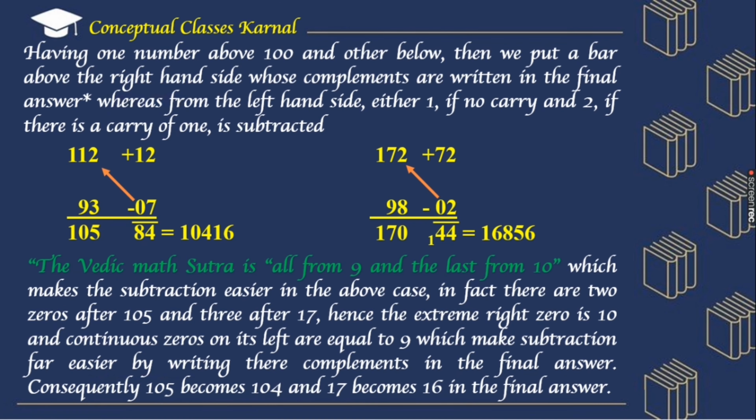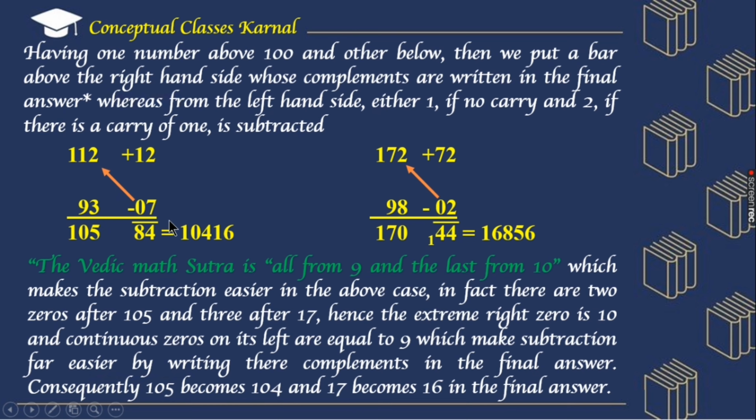So now we have the two numbers, one above 100 and the other below 100. Let's have this example, 112 multiplied by 93. We have in the upper plus 12, and in the lower we have the complementary number of 93 as 07.